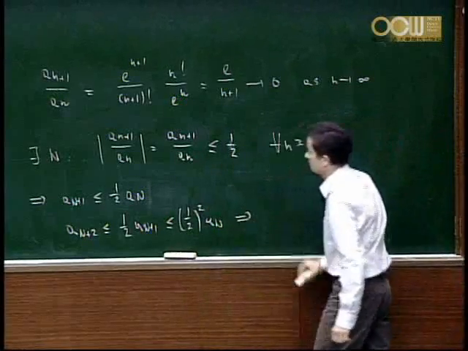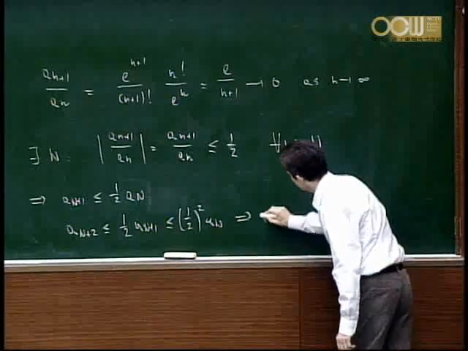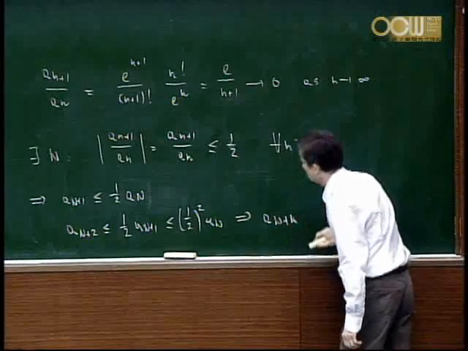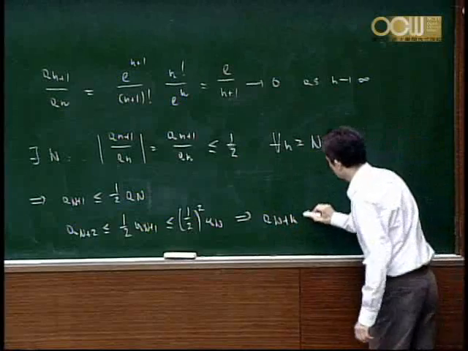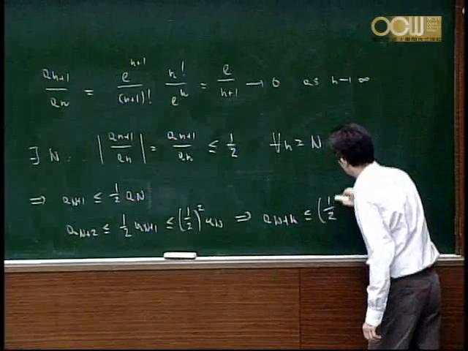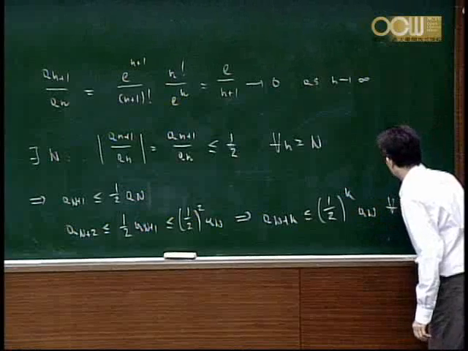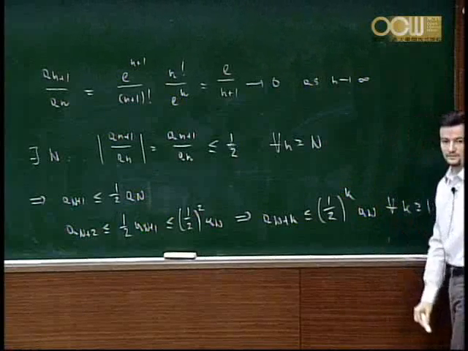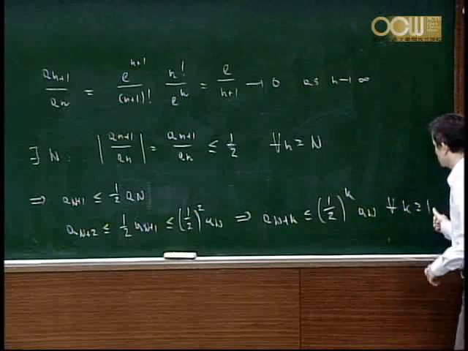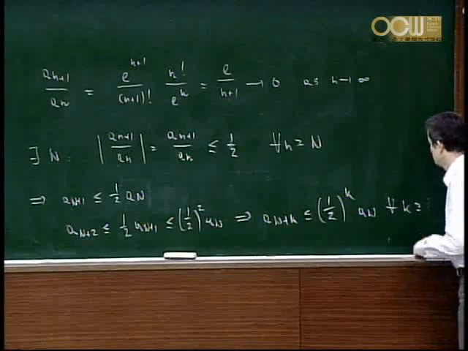So you see from this, you easily get that a_{N+k} will be smaller or equal than 1/2 to the k times a_N, for all k larger or equal than 1. This is even true for all k larger or equal than 0, trivially.